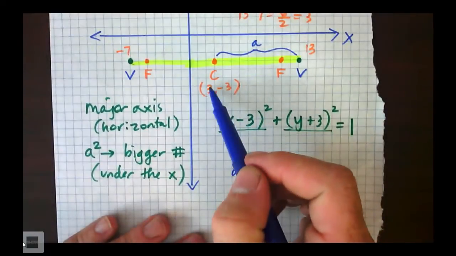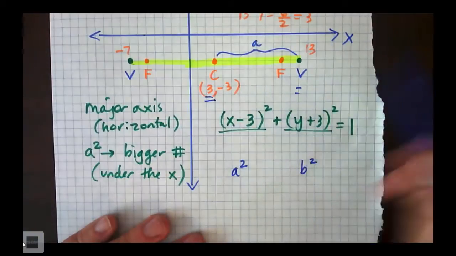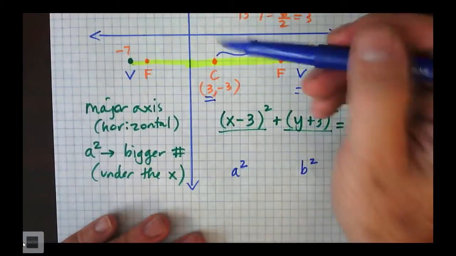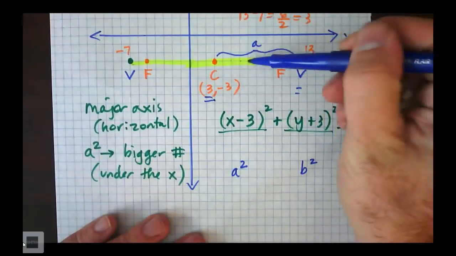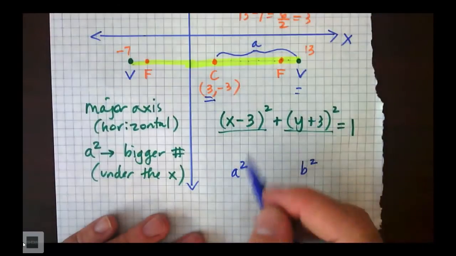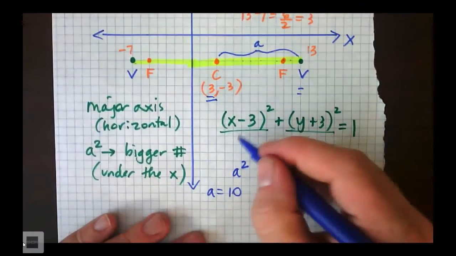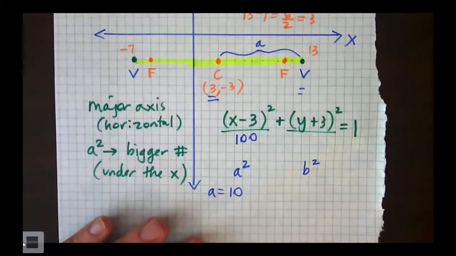I'm going from 3 all the way over to 13. That's a distance of, you can count it if you want to, 1, 2, 3, 4, 5, 6, 7, 8, 9, 10, or I could just subtract, obviously. So if a is 10, then a squared would make this 100.